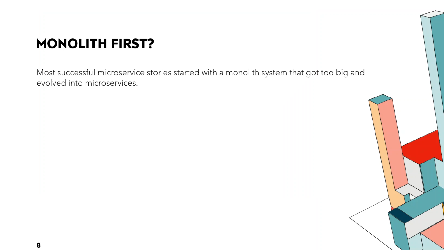When we talk about monolith first, these are the most successful microservices stories. I mean, the most successful microservice story started with a monolith system that grew too big and evolved into microservices. What I mean to say is that they had an already existing monolith application. So what are those big companies that have an existing monolith architecture?